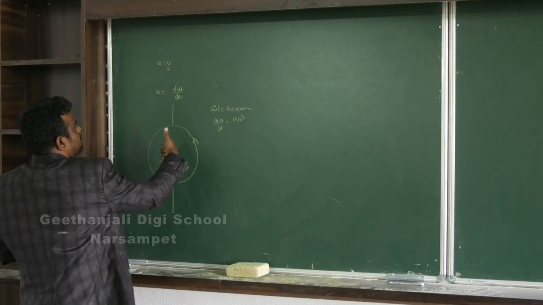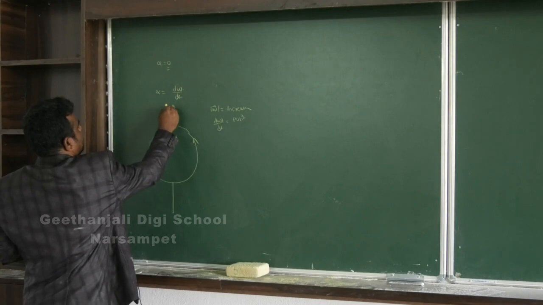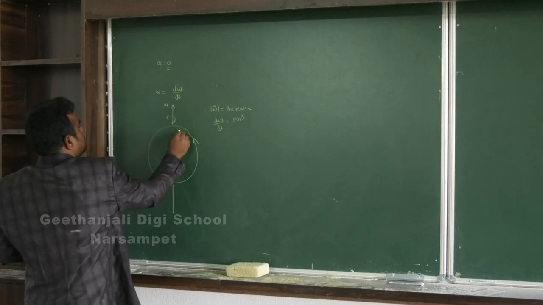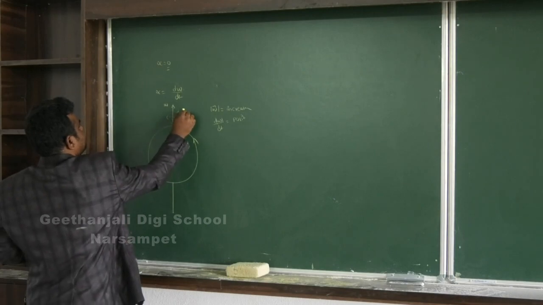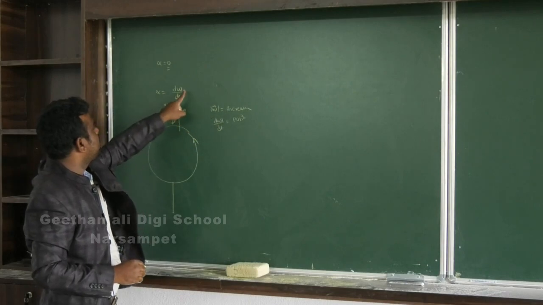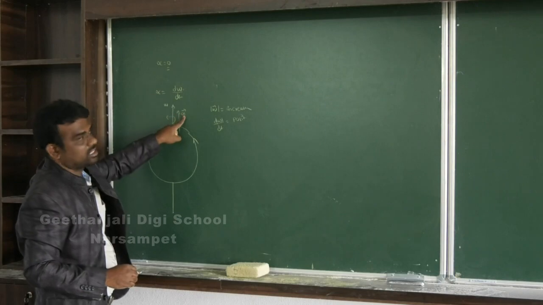So this is the direction of the angular velocity, and this is also the direction of alpha.